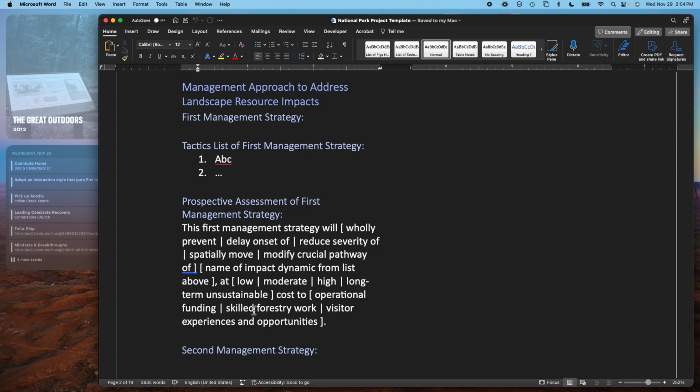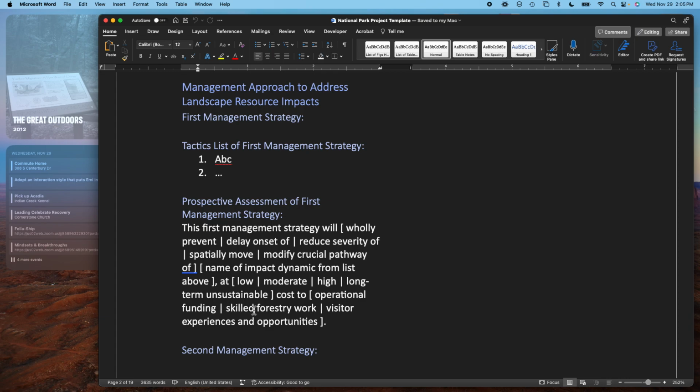So you don't have to invent anything here, right? It's just picking what might be an easy, cheap, quick-to-deploy first strategy to tackle whatever impacts are listed for your particular type of resource at your park. And then a second one.